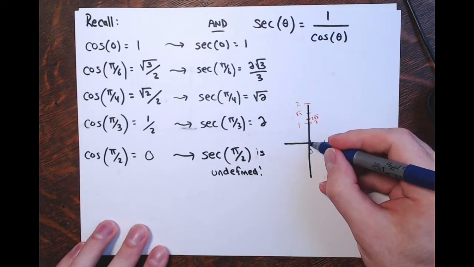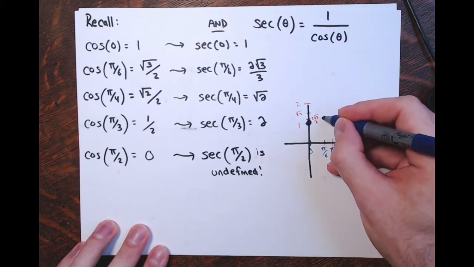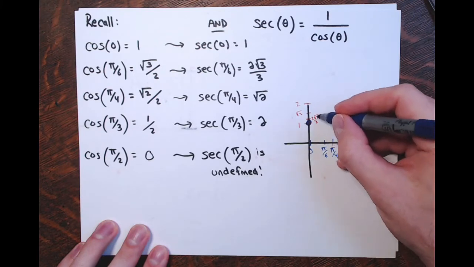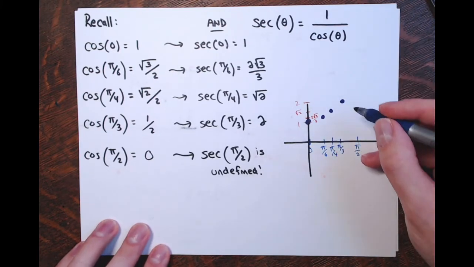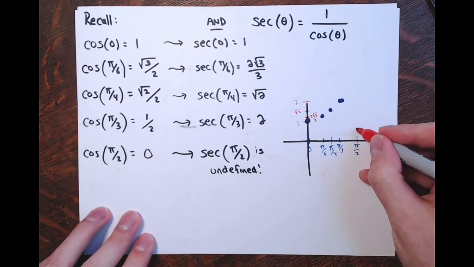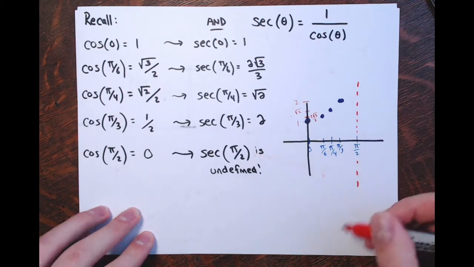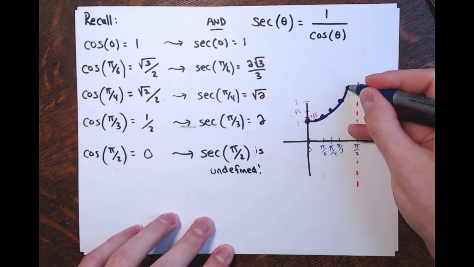The secant of 0, 1, pi over 6, 2 root 3 over 3, pi over 4, square root of 2, pi over 3, 2, and then an asymptote at pi over 2.